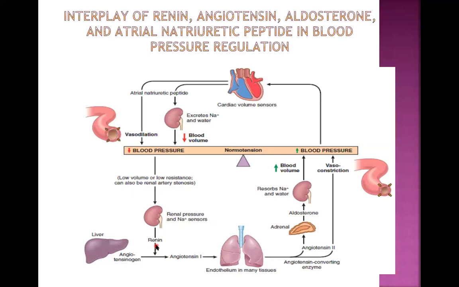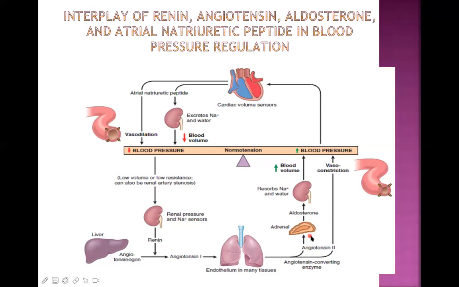Now this renin will lead to conversion of angiotensinogen into angiotensin 1, and angiotensin 1 would be converted into angiotensin 2 by ACE enzyme, the ACE enzyme inside the capillaries of the lung. Now this angiotensin 2 has different functions.